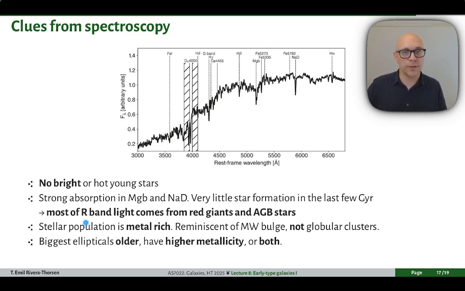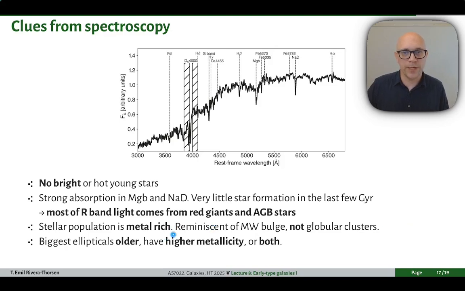That means most of the R-band light comes from red giants and from asymptotic giant branch stars. We also know that the stellar population is metal-rich in these stars. They have gone through many cycles of star formation, each one enriching the interstellar medium more with these elements.